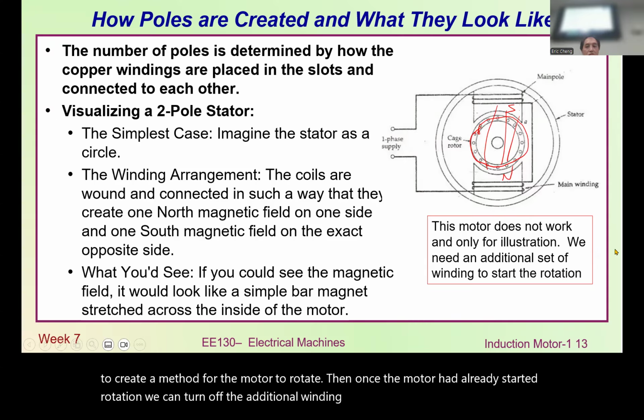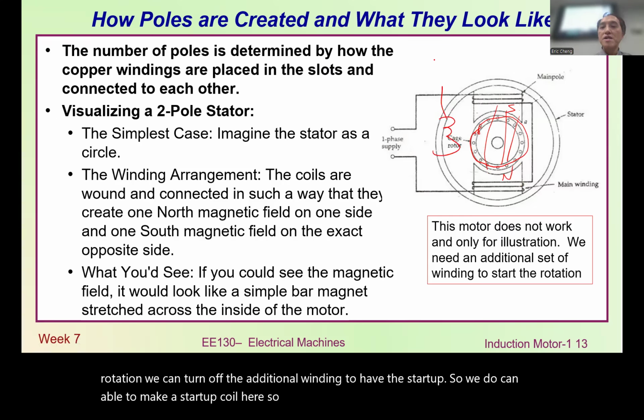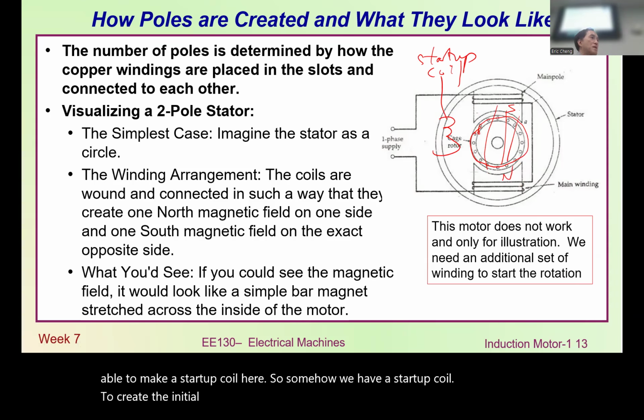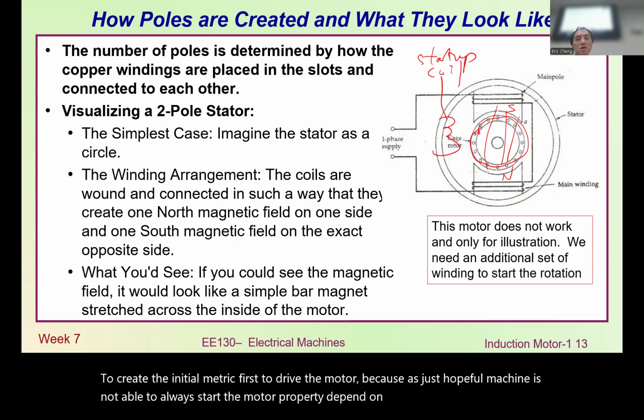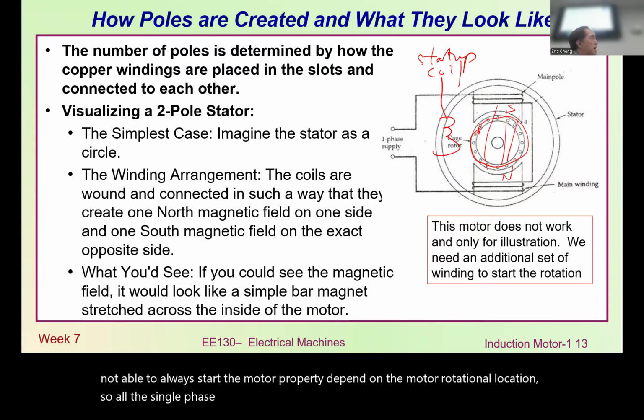So we have a startup coil to create the initial magnetic flux to drive the motor, because with just a two-pole machine, you are not always able to start the motor properly, depending on the rotor position. So in single-phase motors, we use the startup coil to create another flux 90 degrees apart.